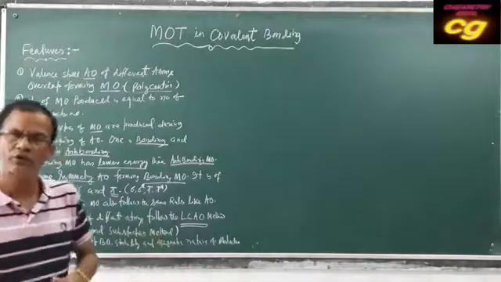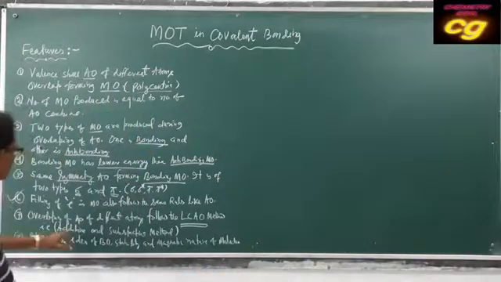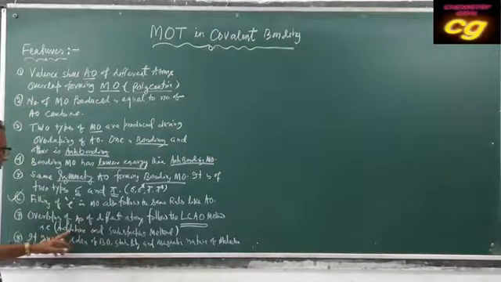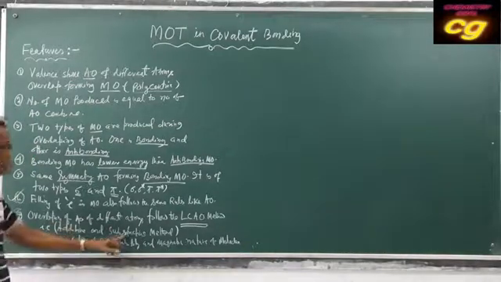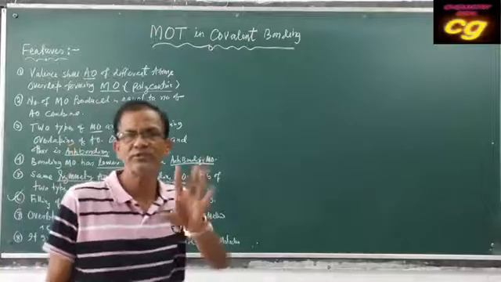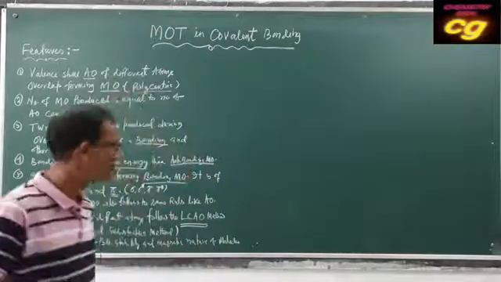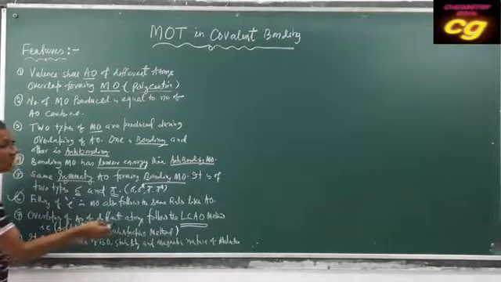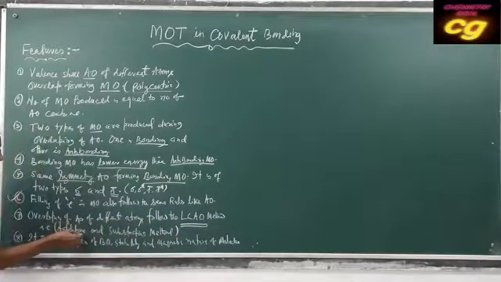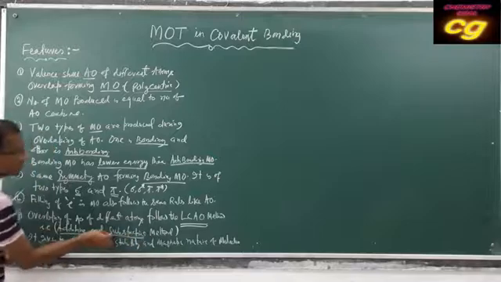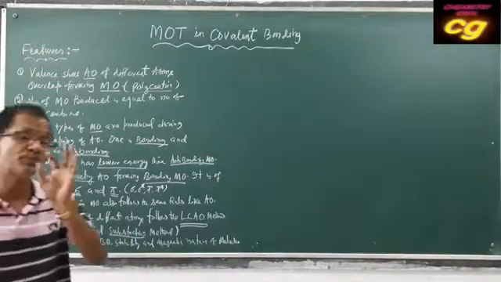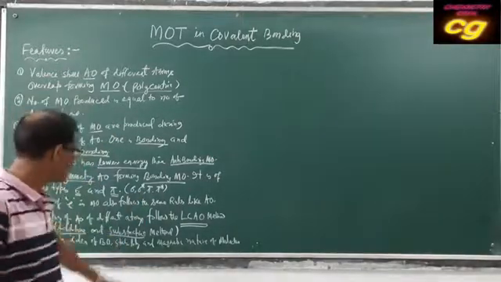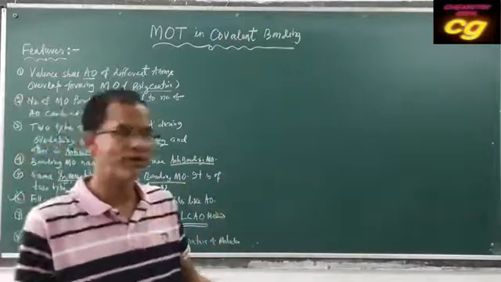Addition gives bonding orbitals, and the subtractive method always gives antibonding molecular orbitals. So these two things are very important. During overlapping of atomic orbitals it follows the LCAO method, additive or subtractive. The additive method always produces bonding and the subtractive method always produces antibonding.